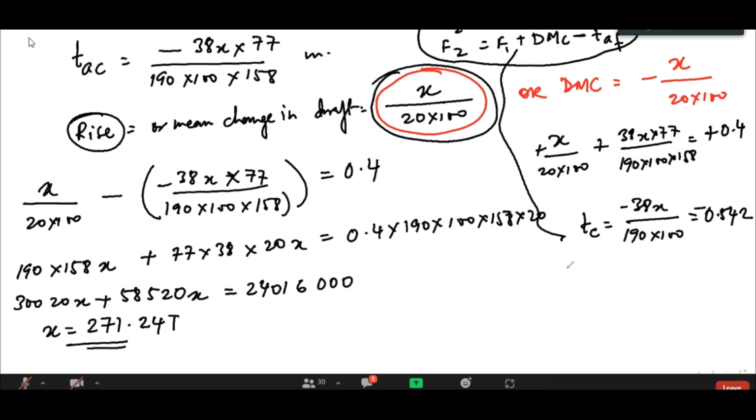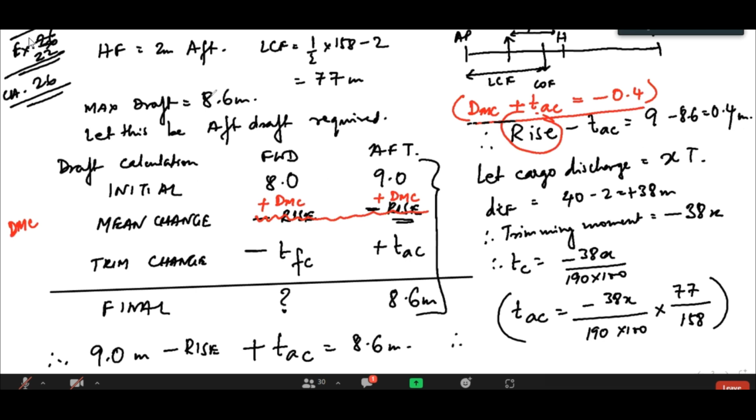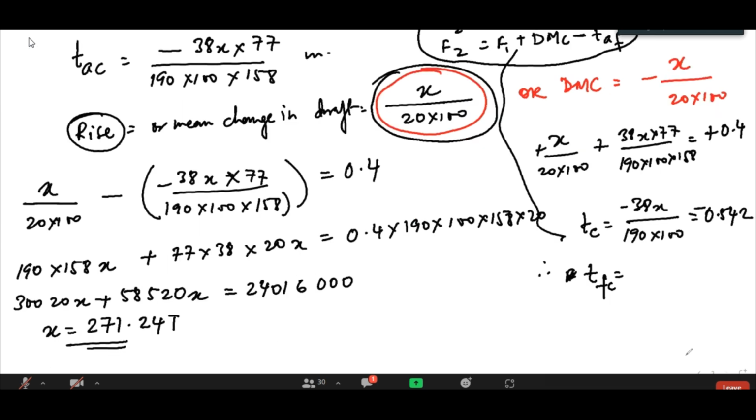Minus, therefore, forward draft. TFC निकाल देते हैं. Anyway, I think उसके बाद you should be able to do.